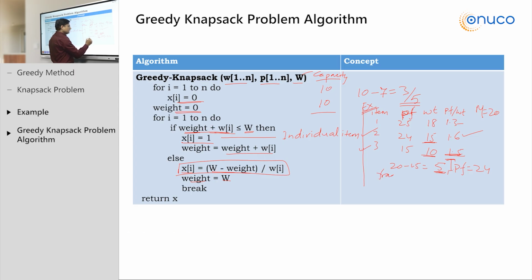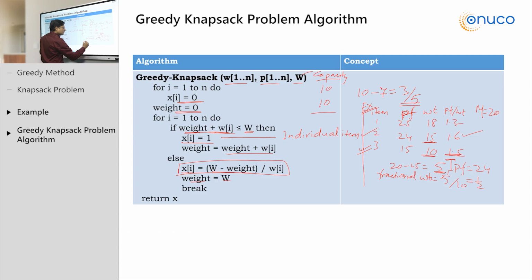So what is the fractional weight? We are going to calculate the fractional weight based on this concept: W minus weight, 20 minus 15, which is 5, divided by the weight of I, the weight of this element, which is 10. So it is 1 by 2.